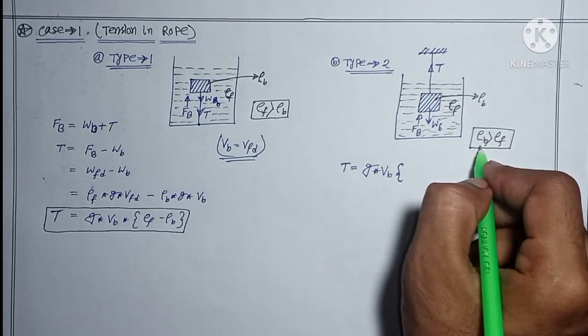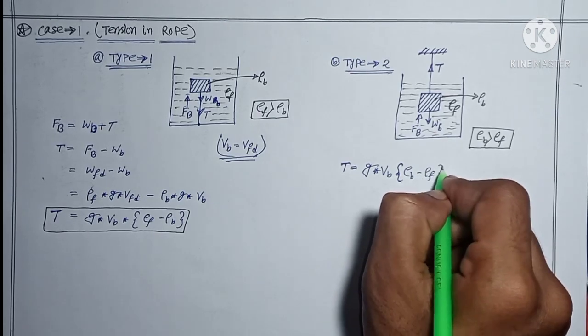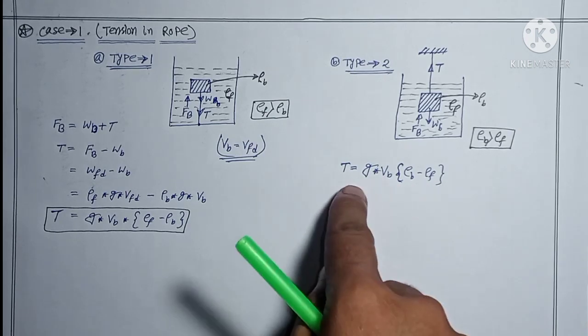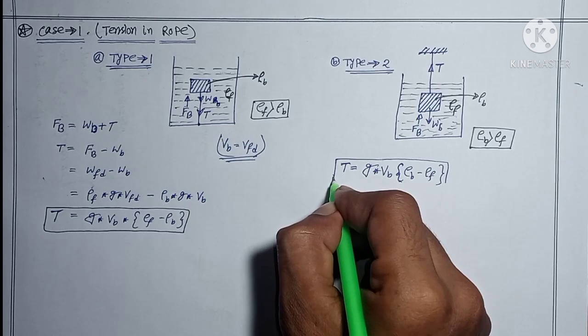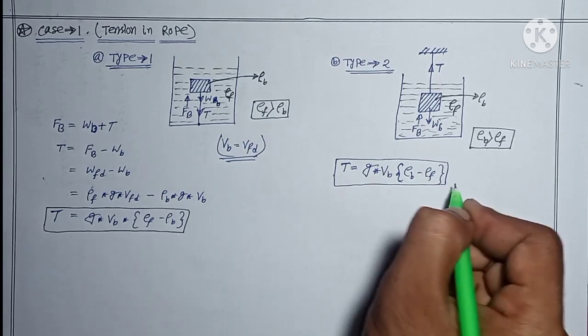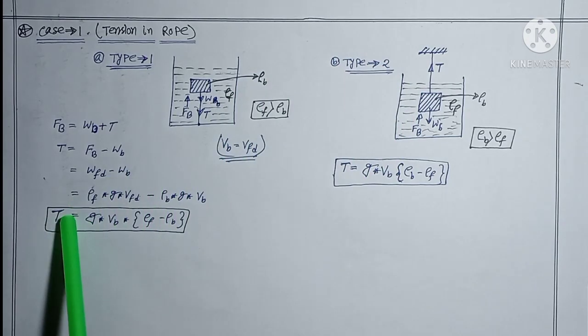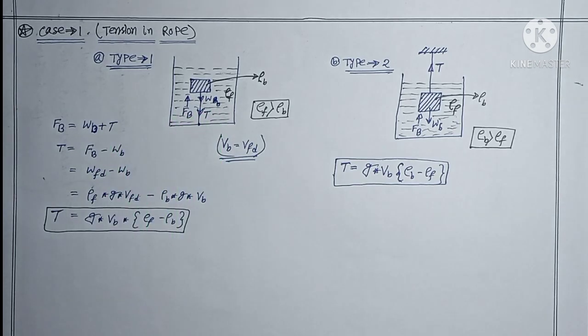So it is clear that the density of the body is more than the density of the fluid, and we just subtract the lesser one from the greater one. This is our formula to find the tension for type number 2, where the block is suspended from the top. And this is type number 1, where the block is attached at the bottom of the tank.